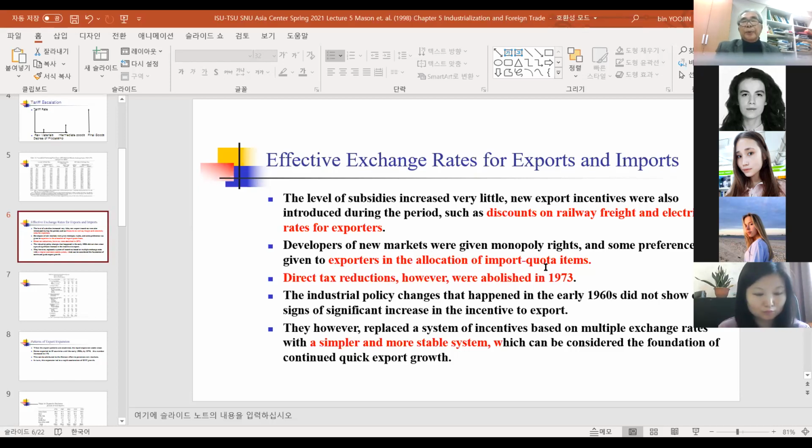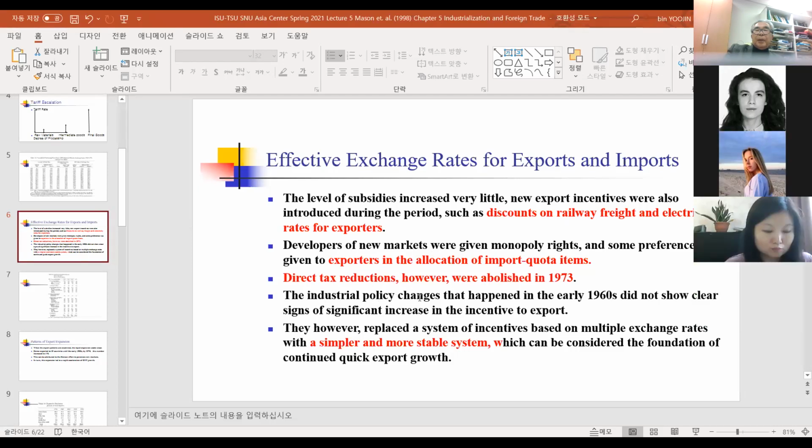So a lot of export promotion policies. Direct tax reductions, however, were abolished in 1973 because these direct tax reductions can be part of political contribution. Okay, so they got rid of this tax reduction policy.